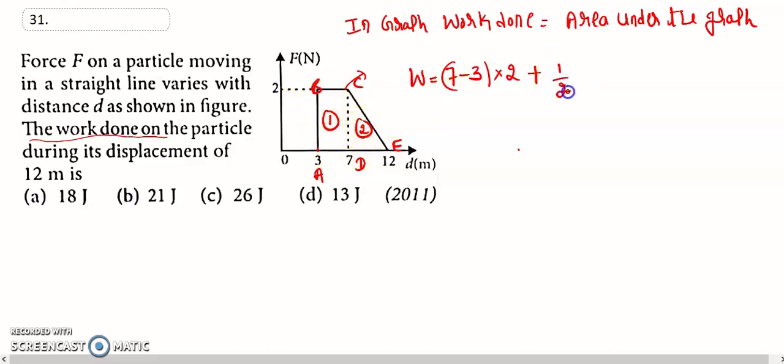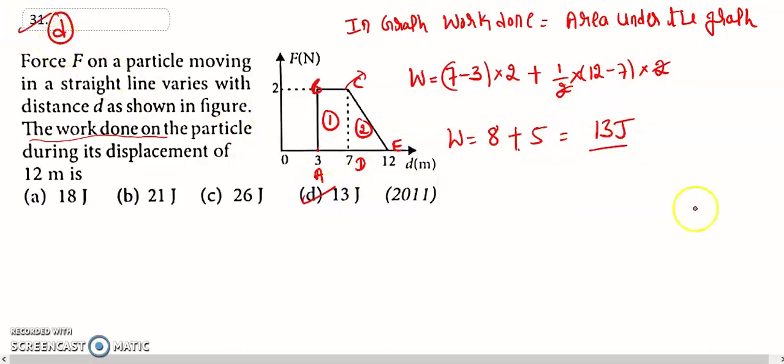Area of this one is half into base, 12 minus 7, into height, which is 2. So the work done is equal to 8 plus 5, since 4 into 2 is 8, and the 2s cancel, giving 5. So the answer is 13 joule. That is option D, the right answer for 31.